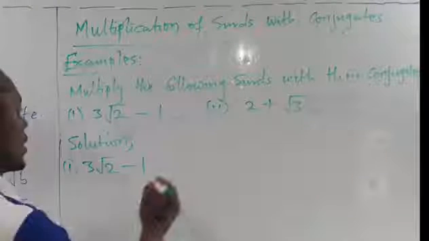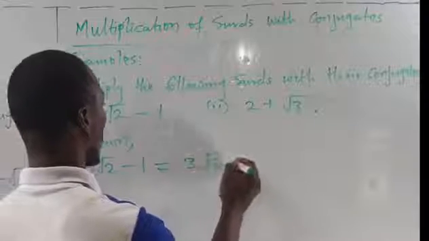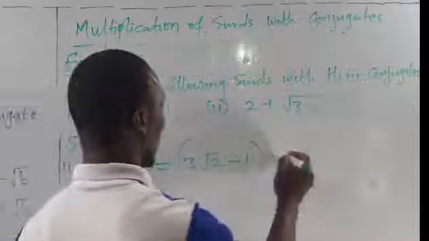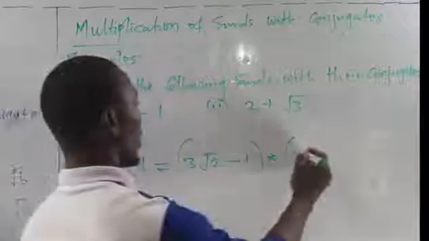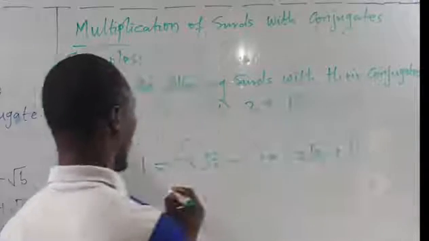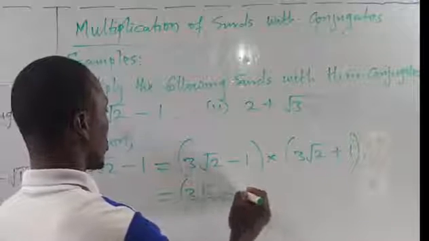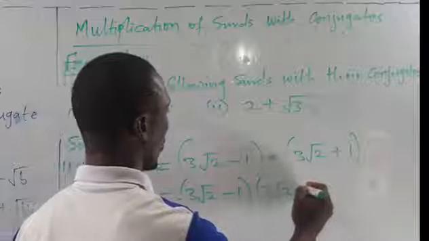So since the surd given is 3 root 2 minus 1, the conjugate will be 3 root 2 plus 1. So we put them together: 3 root 2 minus 1 into 3 root 2 plus 1.